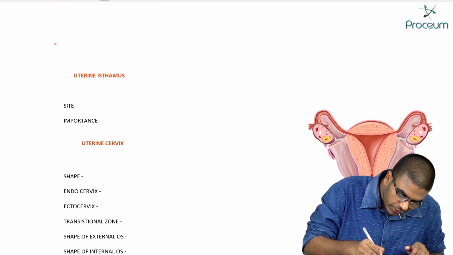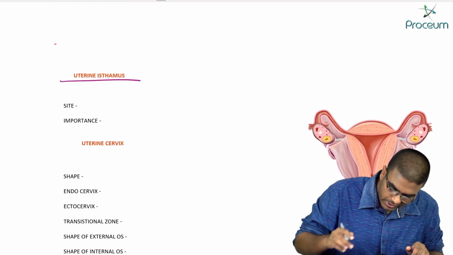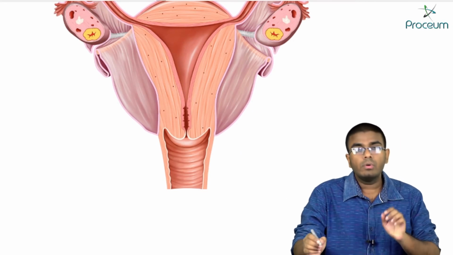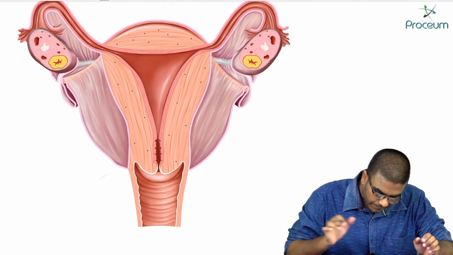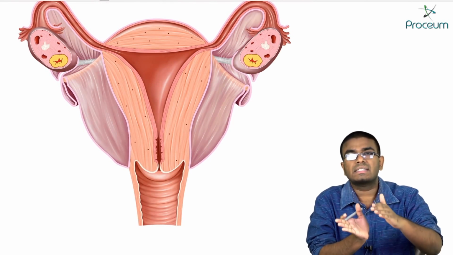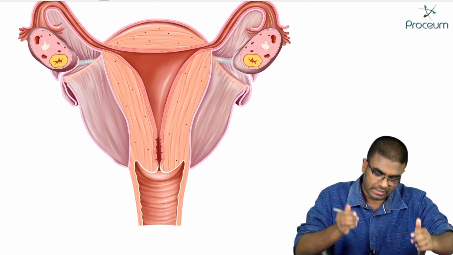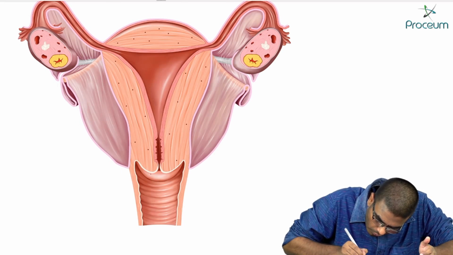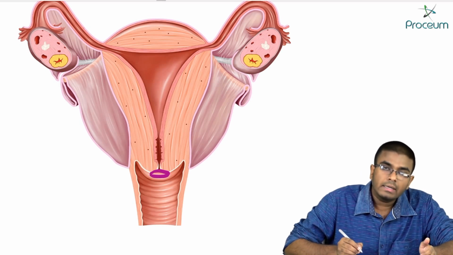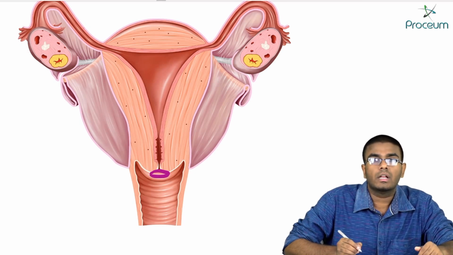Now let's discuss the uterine isthmus. Guys, what exactly is the uterine isthmus? I have already told you, but let me give you clarity. Where exactly is this isthmic part present? This is the external os, and there is also an internal os.